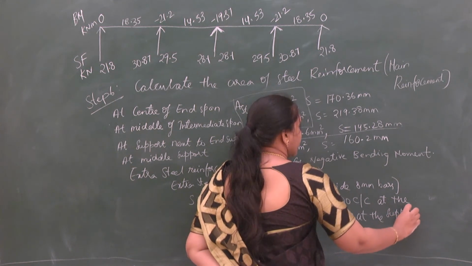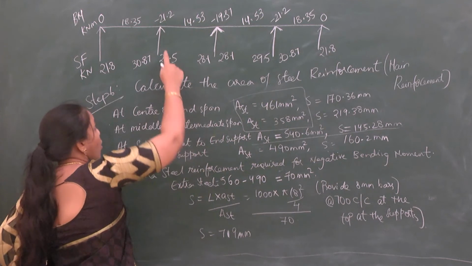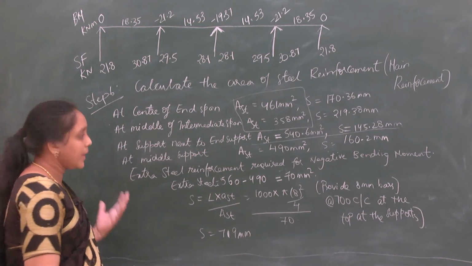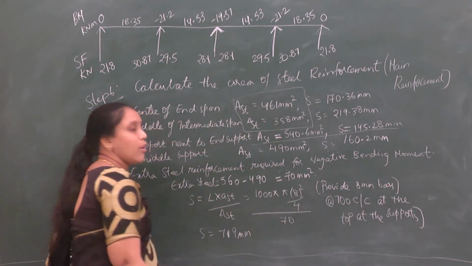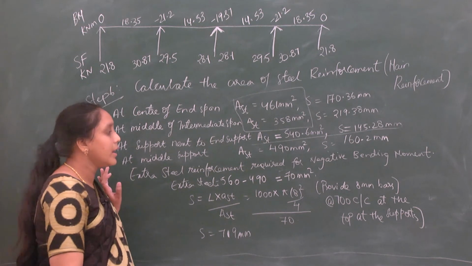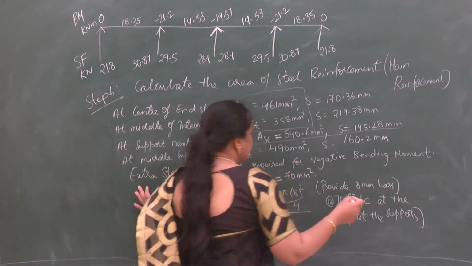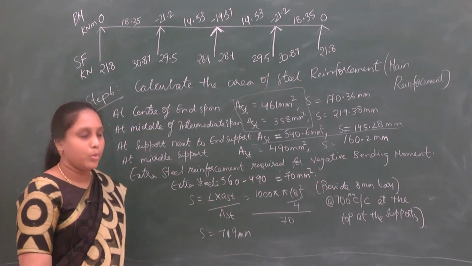So only at the supports we are going to provide the top reinforcement, the dia of the bars being 8 mm and the spacing of the bars being 700 mm center to center at the top, that is at the support.